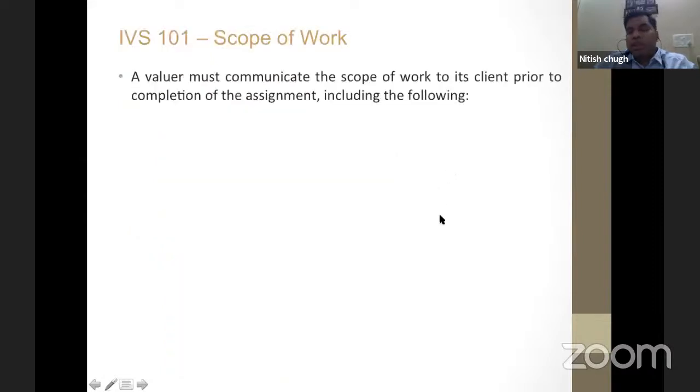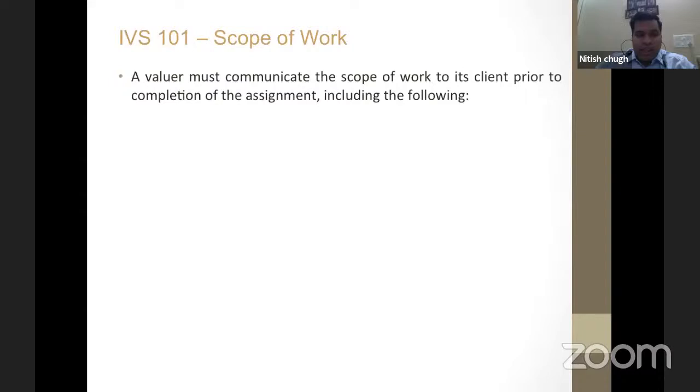Before going into the IVS standard, the International Valuation Standards Council has come up with the revised valuation standard as of January 2020. So it is applicable for the exam as well as for practical scenarios. There is a caveat in the valuation standards that we will be using: when you opt for IVS, you have to apply the IVS in totality.